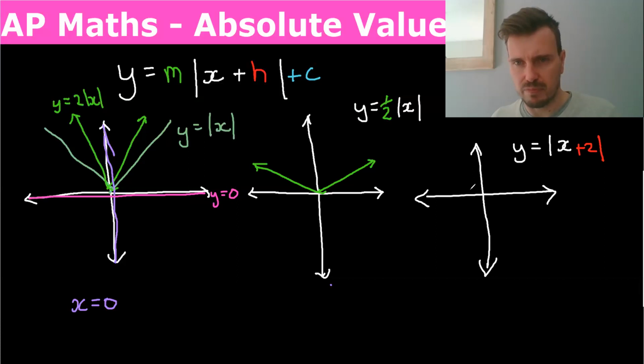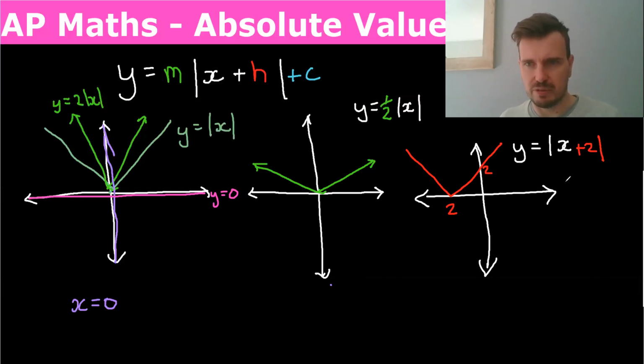Shift it backwards. Good. So it would be here, and this would be a 2 here. And if it was just a normal gradient, that's a 2 as well.